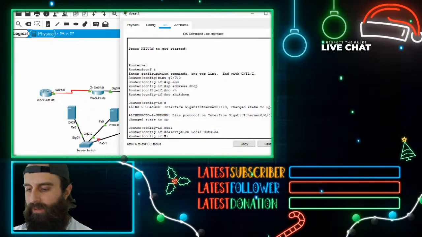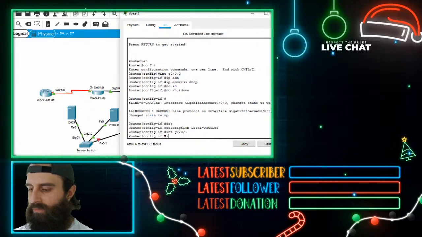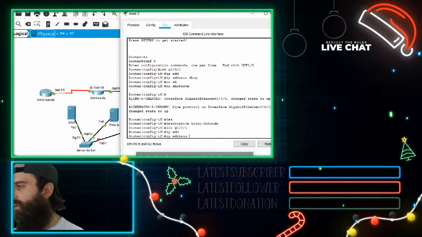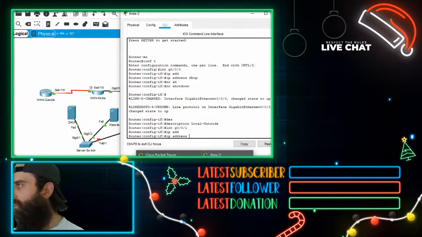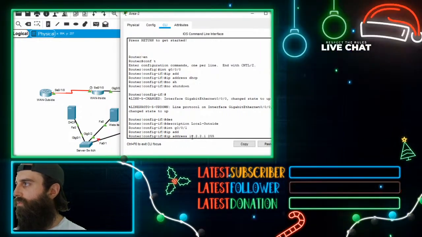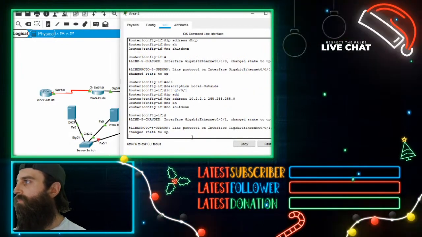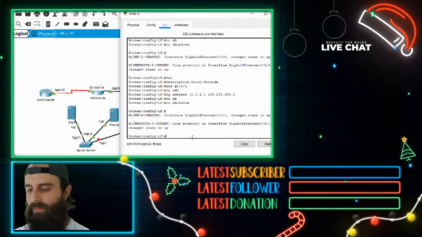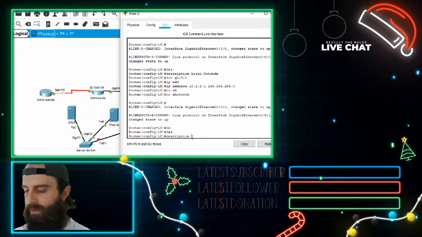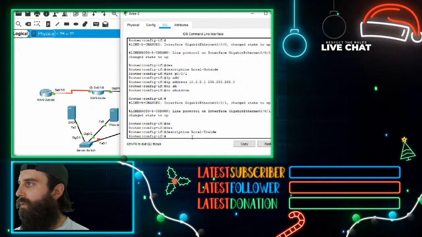And then interface gigabit 0-0-1. That's going to be the IP address 10.2.2.1, 255.255.255.0. All right, no shut. Description: local inside.